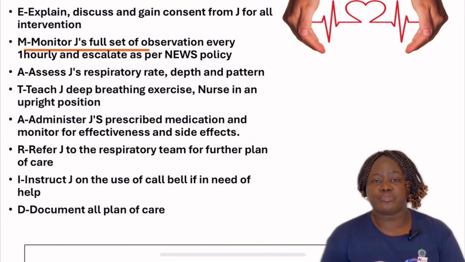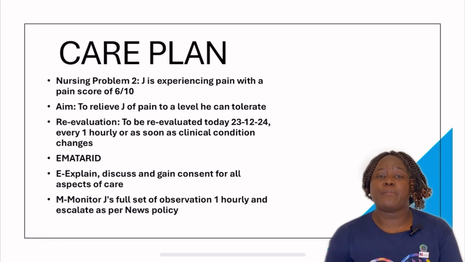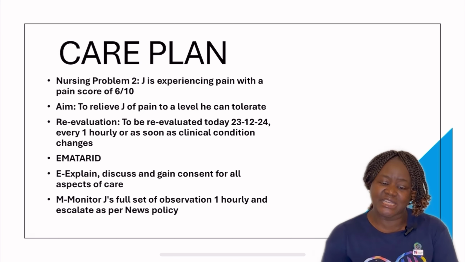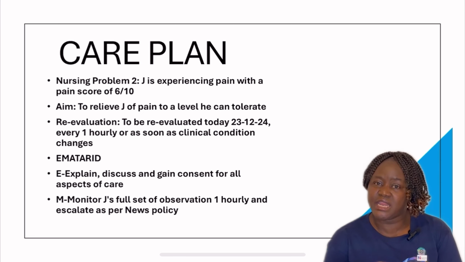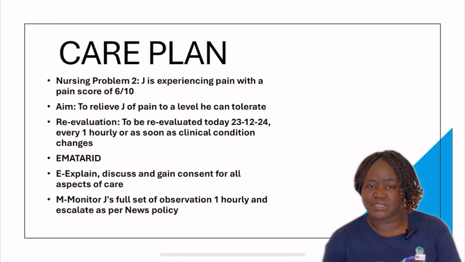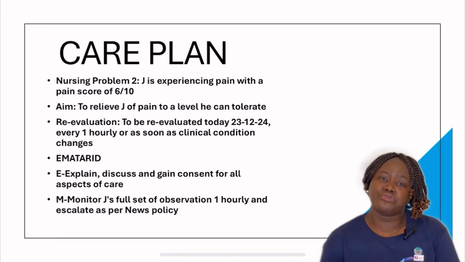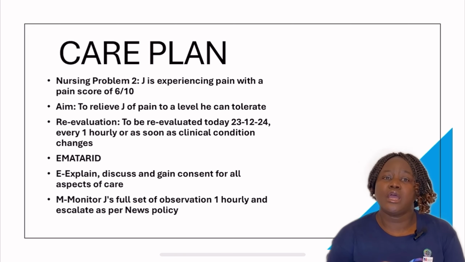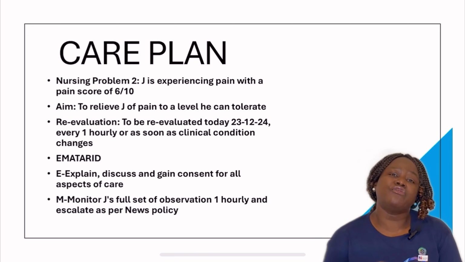So the second nursing problem we're going to address is James is experiencing pain with a pain score of 6 over 10. Where do we get the pain score? From the assessment station. The aim is to relieve James of his pain to a level he can tolerate. Some candidates may want to put the level they want to reduce the pain to, for example, to a pain score of 2 to 4.